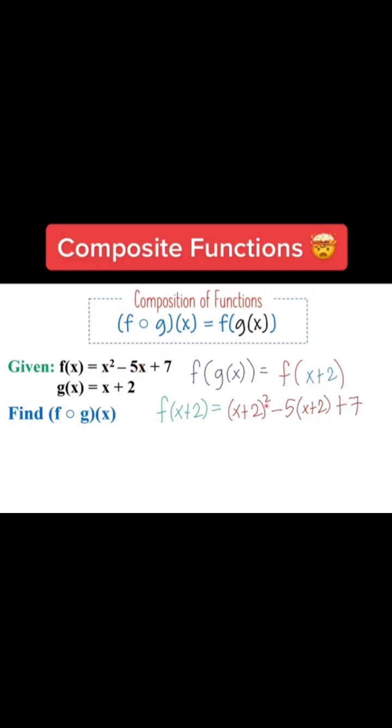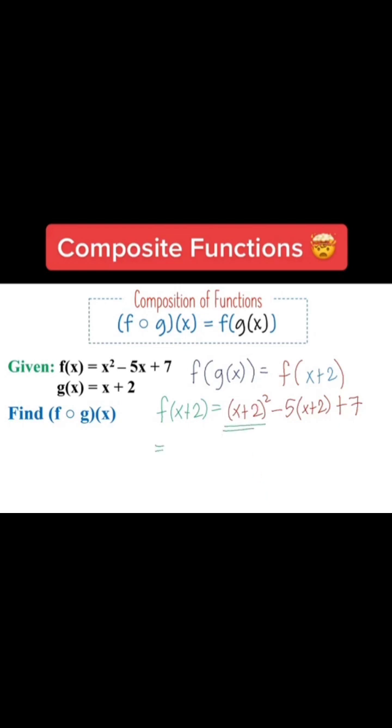Again, x squared, naging x plus 2 squared, kasi yung ginagamit nating value, yung g of x. Then 5x, naging 5 times x plus 2. Yung value ng x, pinalitan din ng x plus 2. Then we just copy the constant here. Now let us solve. So dito tayo magsimula sa first term.